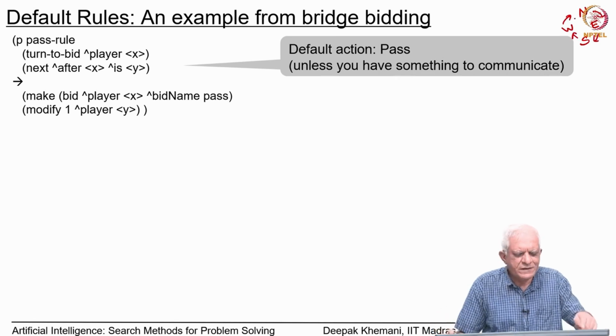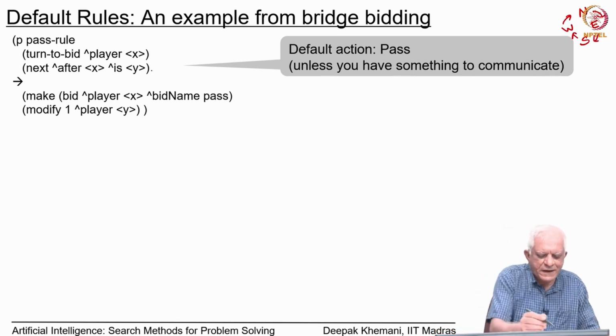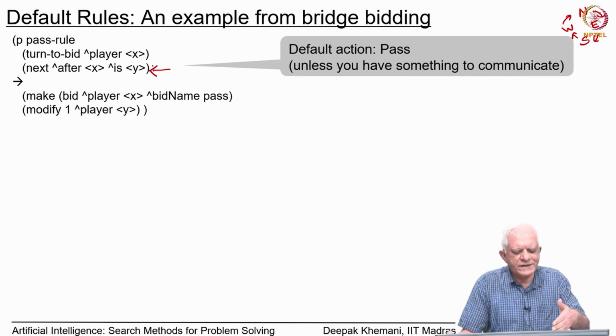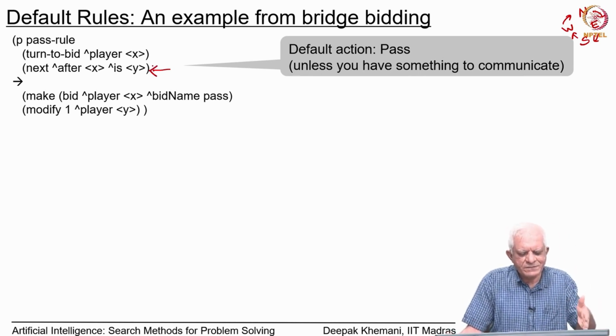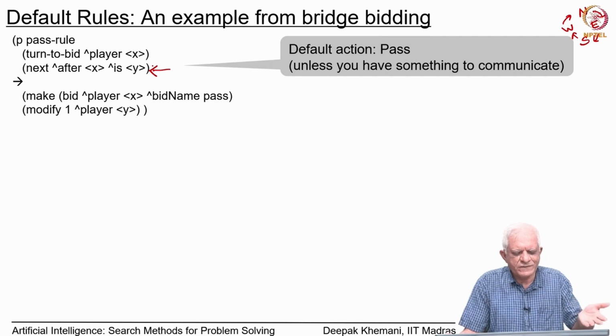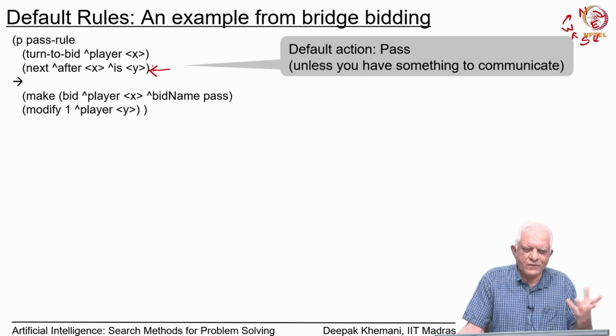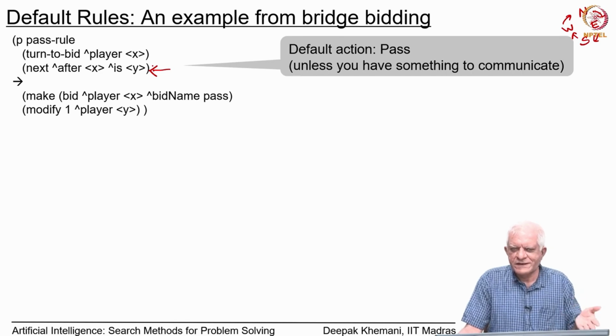And the second pattern in this rule says next after X is Y. So, if X is playing, then after that Y will play. This means that in your knowledge base or database there would be 4 records, and they would say after north east plays, after east south plays, after south west plays, and after west north plays.